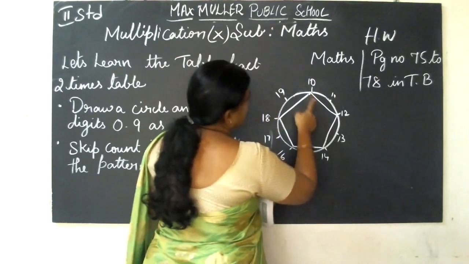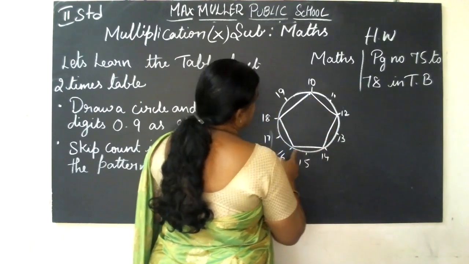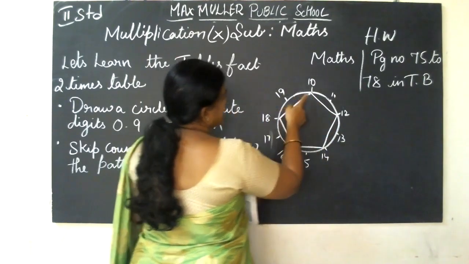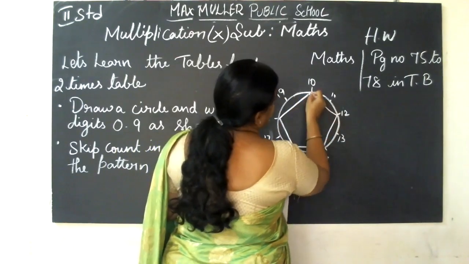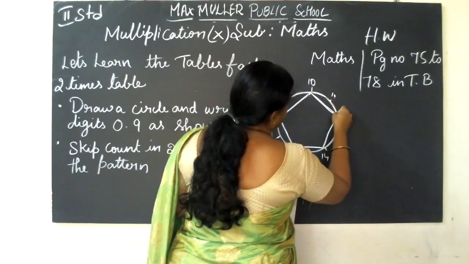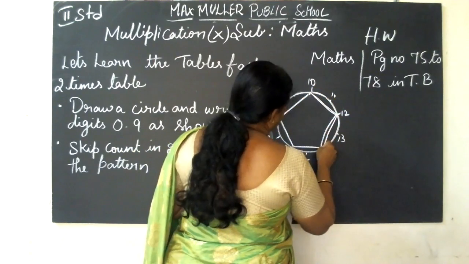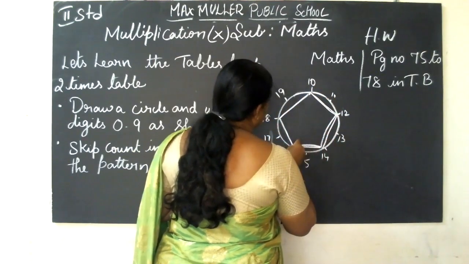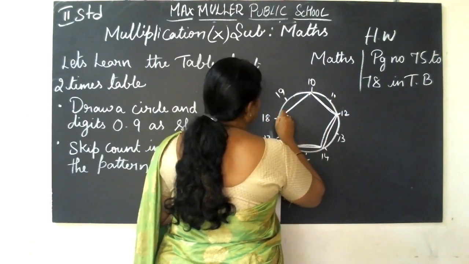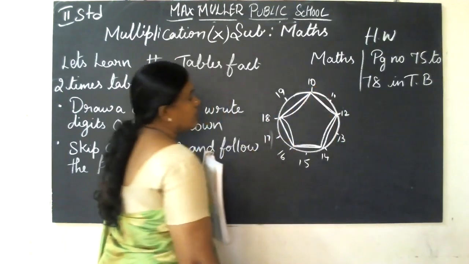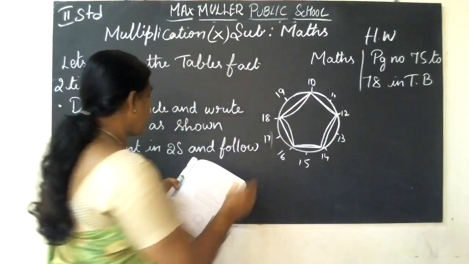See, we finished now. 2 sixes are 12, 2 sevens are 14, 2 eights are 16, 2 nines are 18, 2 tens are 20. This is the pattern, children.